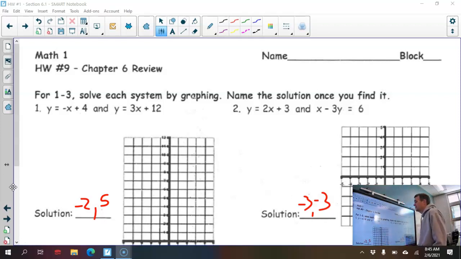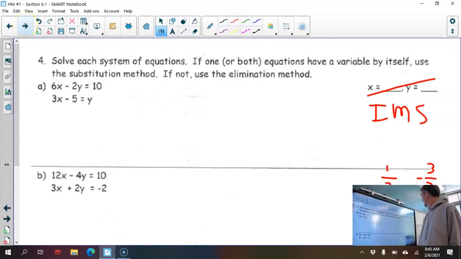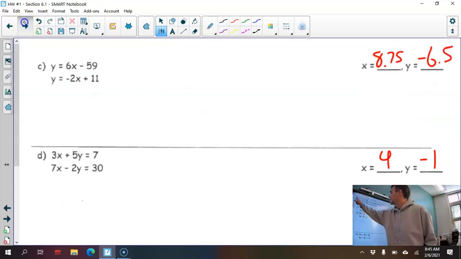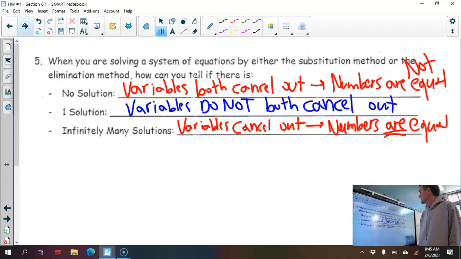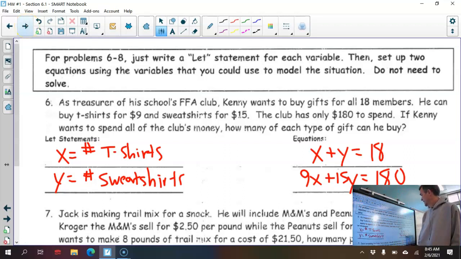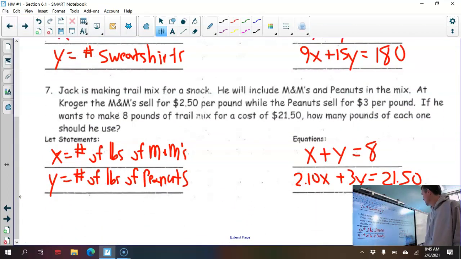There's the answers to 1 and 2 already. And there's number 3. You can, of course, pause the video. And there's 4A and B. And there's C and D. And there's number 5. And there's number 6. And there's number 7.